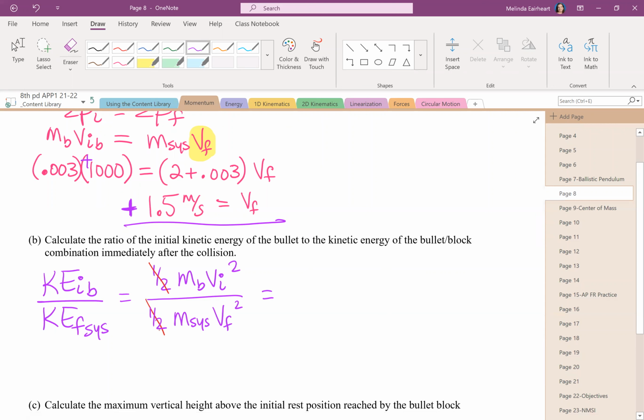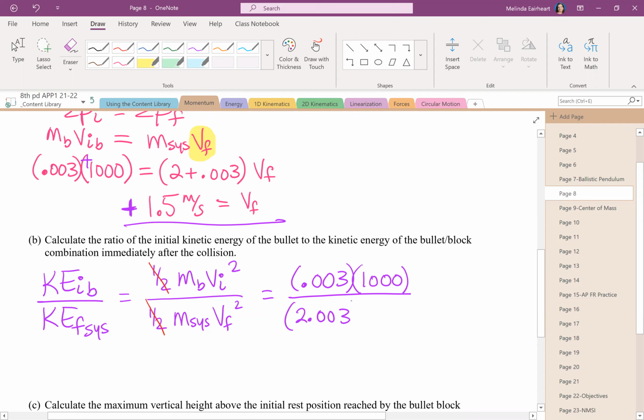And so we plug in the mass of the bullet, 0.003. How fast was it going before the collision? 1,000 divided by the system mass, yes, to answer your question. And then it was going 1.5.